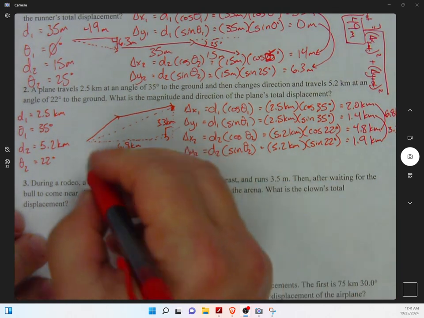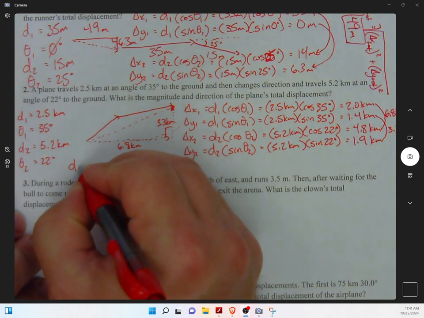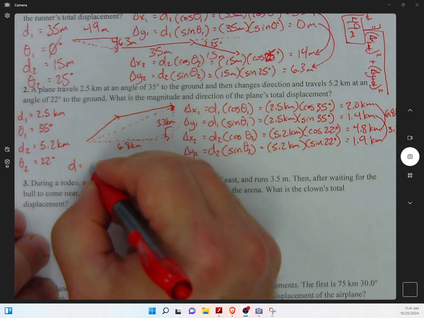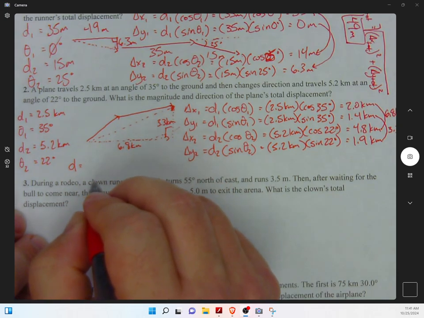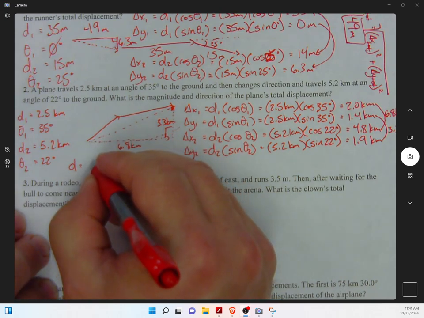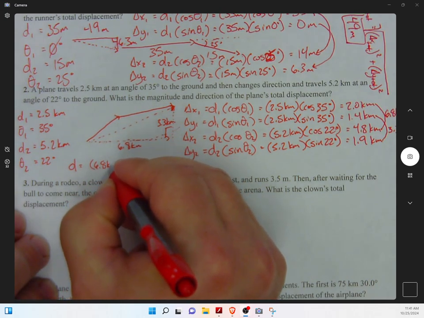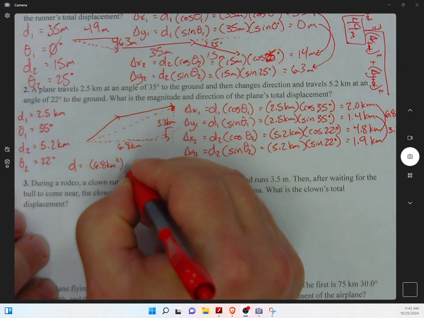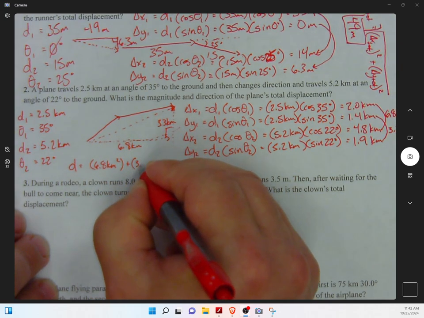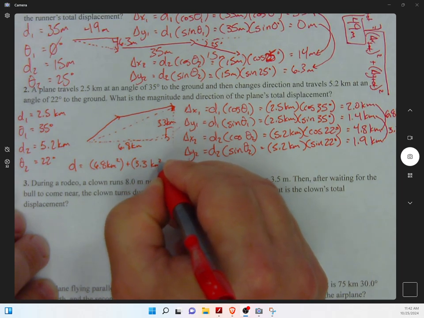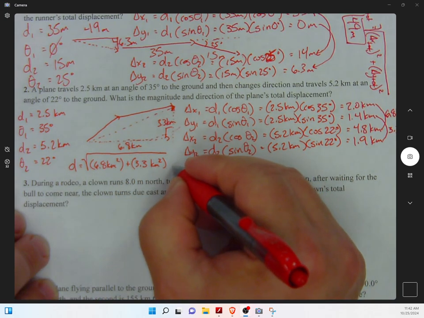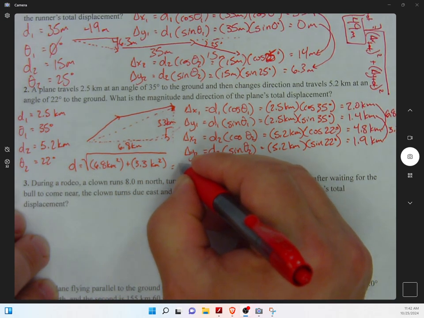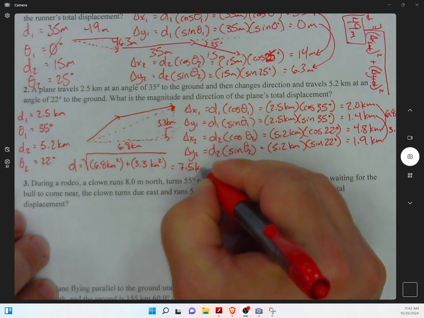My resultant is going to be my total x, 6.8 kilometers squared, plus 3.3 kilometers squared, and then I have to square root that. And that ends up being 7.5 kilometers.